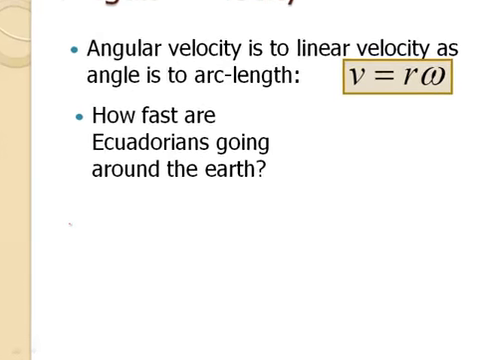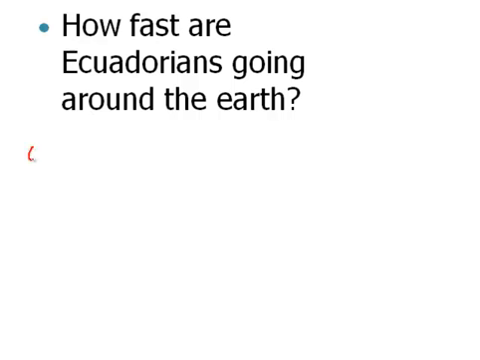The Earth's omega is 1 revolution per day, and I'd like to figure out what v is, probably in miles per hour, because that's what we are most familiar with. So I need to convert revolutions into miles, and at some point I'll have to use the radius to do that. Then I'll have to convert days into hours.